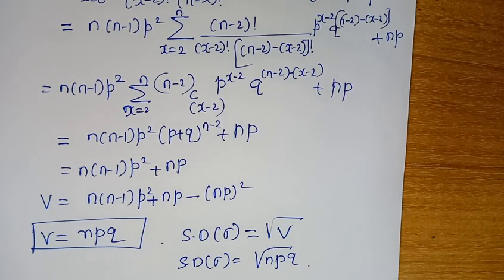For VTU students, the derivation is very important. Learn it properly. It is very simple, and not only VTU, other universities also, the derivation of mean and variance is very important. Also you should remember the mean of the binomial distribution, the variance, as well as the standard deviation of the binomial distribution.